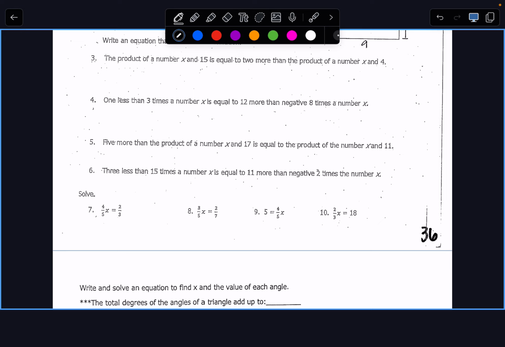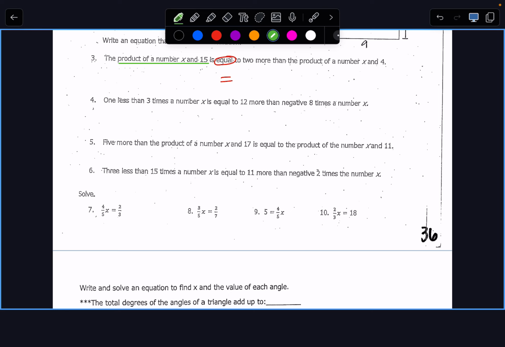Let's just go piece by piece. Also I see this word right here, equal, right? So I'm going to write an equal sign right there. And we're going to have to put things on both sides. The product of a number x and 15. Product means what?